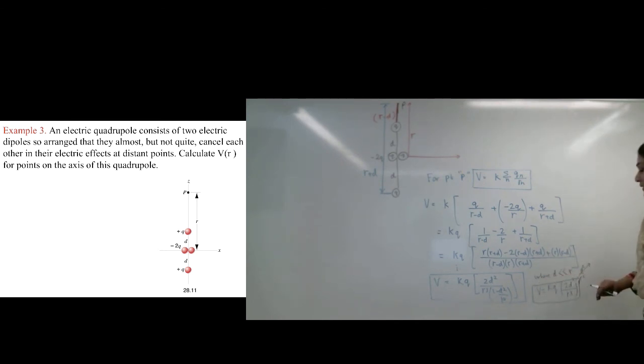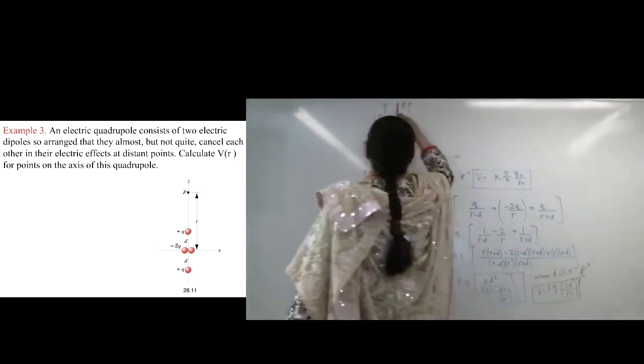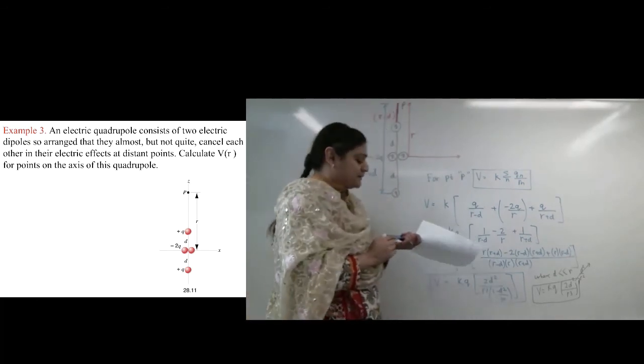Again, in a limiting case, when this is true, this expression will reduce down to kQ 2d squared divided by r cubed. So in the limiting case, when d is much, much smaller than r, your expression for the quadrupole potential will become that.